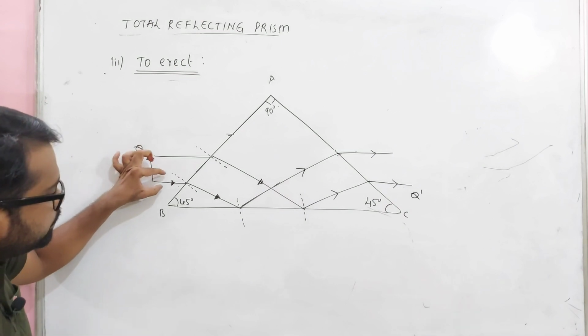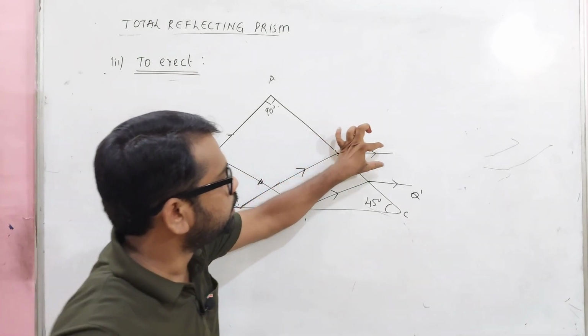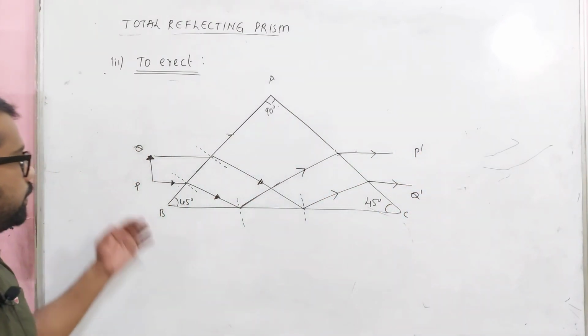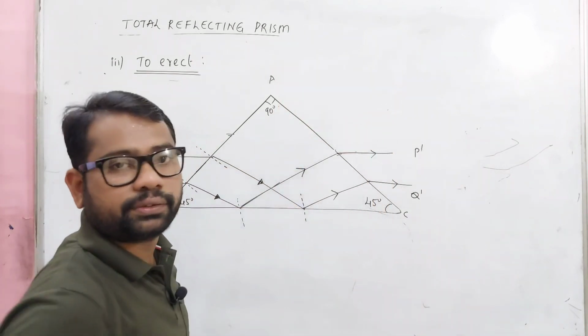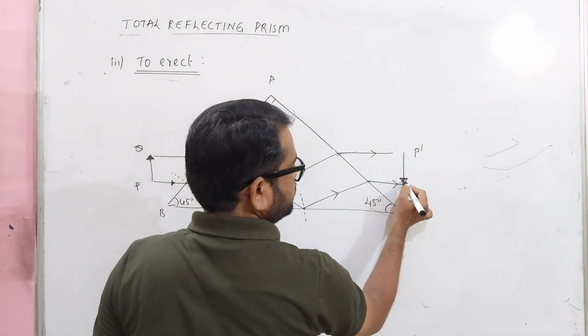Whereas the light ray which is coming from P, just trace out this light ray, it is P dash. Actually PQ should be like this, but what is happening? It is getting inverted.